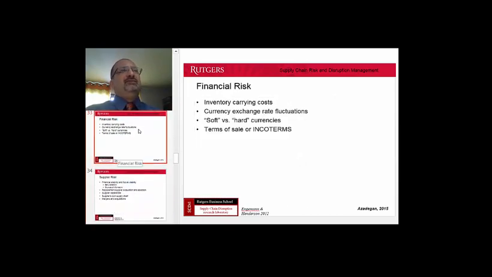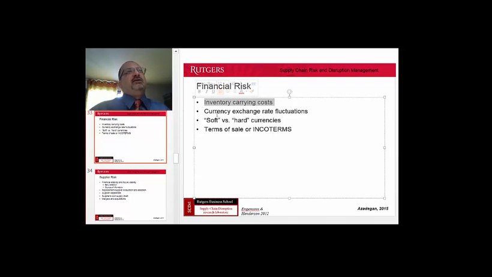Financial risk, frankly, as we have reduced the amount of financial buffers, and the inventory carrying cost and currency exchange fluctuations and soft and hard currencies, all of these could create issues for suppliers.